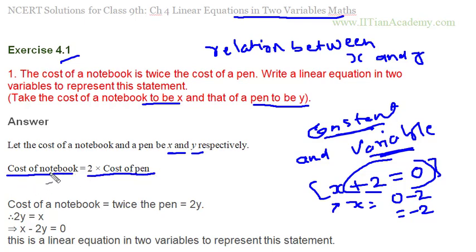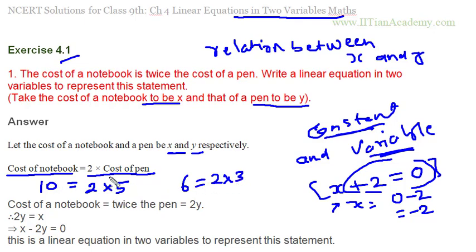Suppose the cost of the notebook is 10, then the pen is 2 into what? 5. But it's saying this for all values. If the cost of the notebook is 6, then the cost of the pen is 3, because 2 into 3 is 6. So this is the relation.